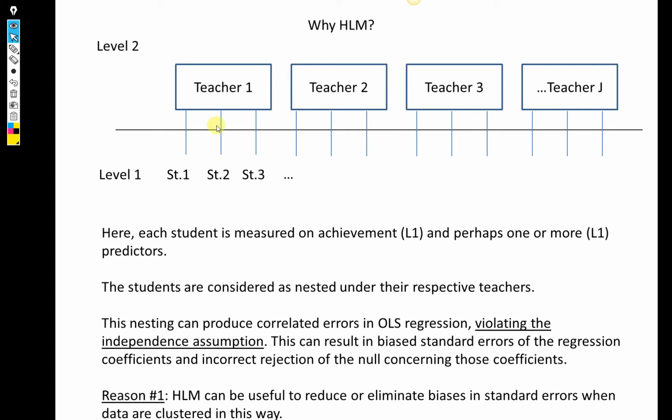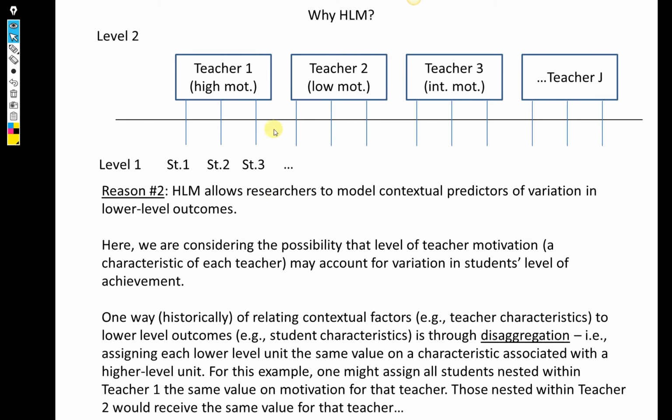We were just taking into account that the average level of student achievement may vary across teachers, and that's it. But we might also be interested in determining whether the variation in student achievement across teachers might be a function of certain teacher characteristics. So this is where the contextual predictors come into play.